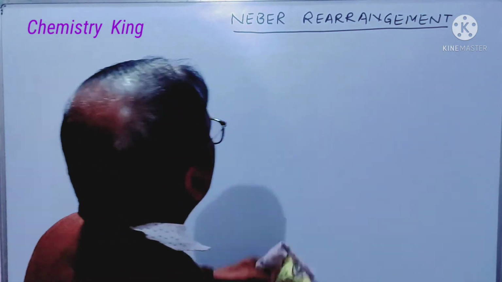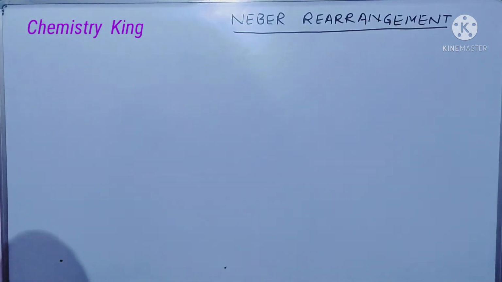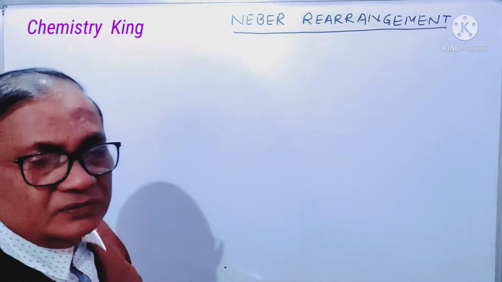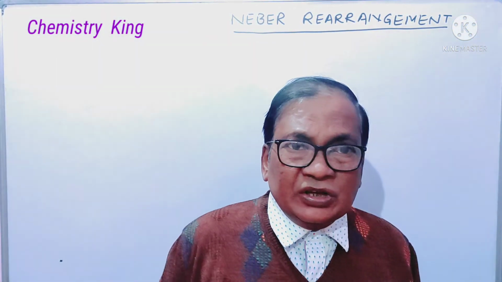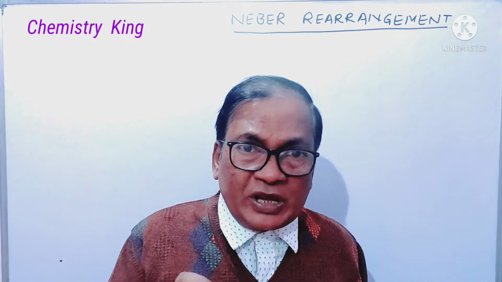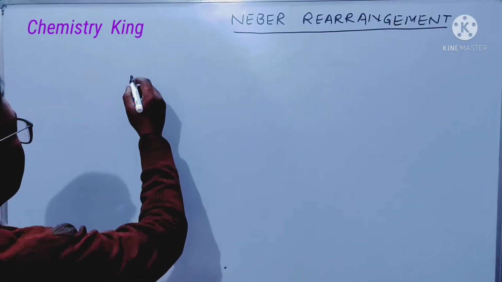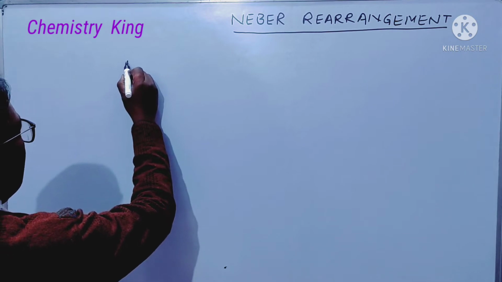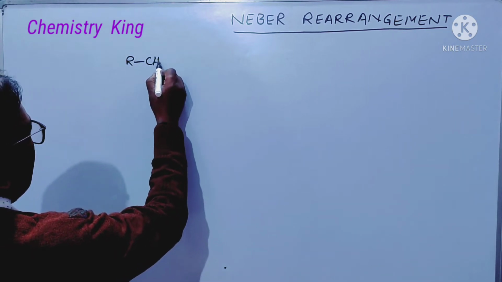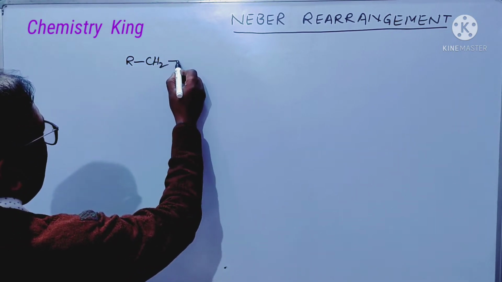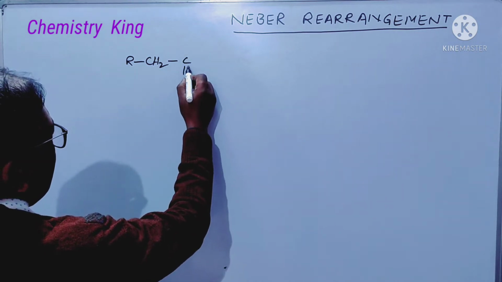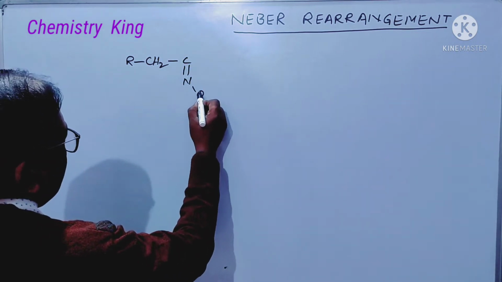Now we start neighbor rearrangement. Conversion of ketoxime tosylate, RCH2C double bond N, OTs, R dash.